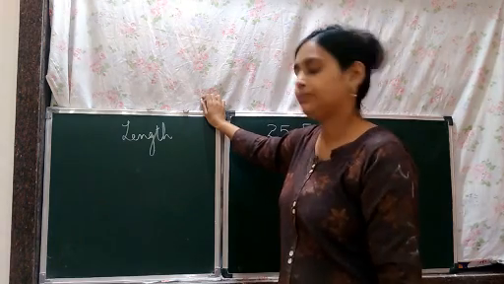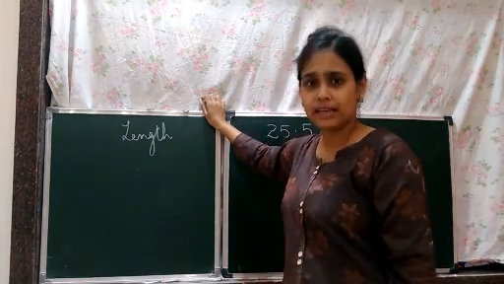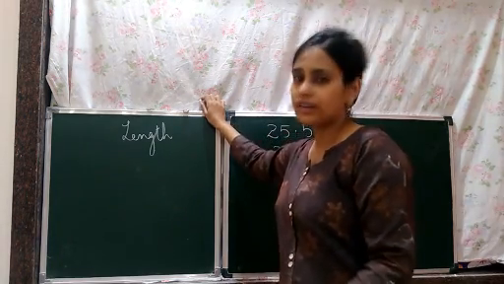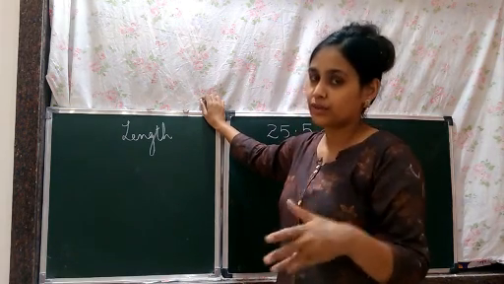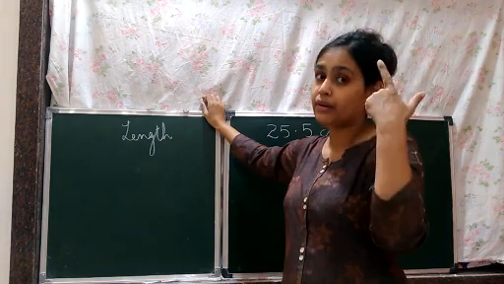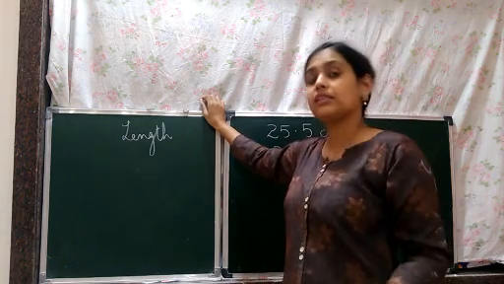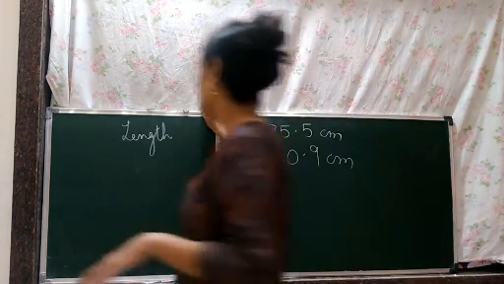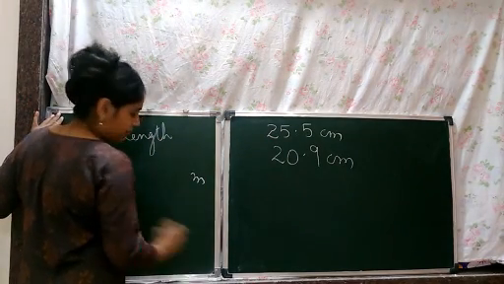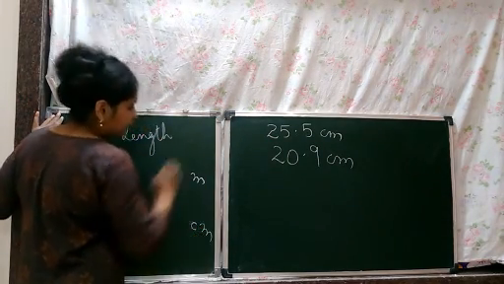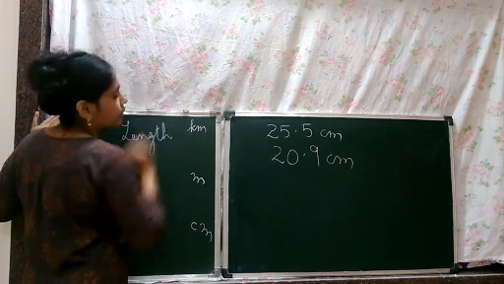Okay, so let's take some examples. Whenever there is length, we know there is metric measures, and wherever there is metric measures, we all should remember the table which we studied last year, that is this one. Very simple: meter, centimeter, kilometer.